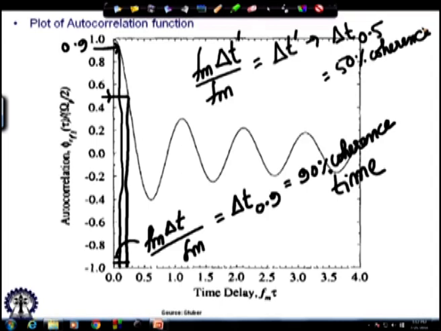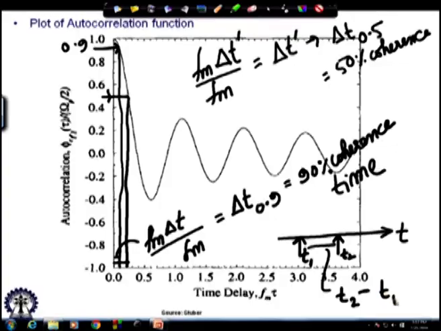What it means effectively is that if we take the time axis, this is the t axis, and if we measure it at two instants t1 and t2, and this gap between them is t2 minus t1, which is delta t.